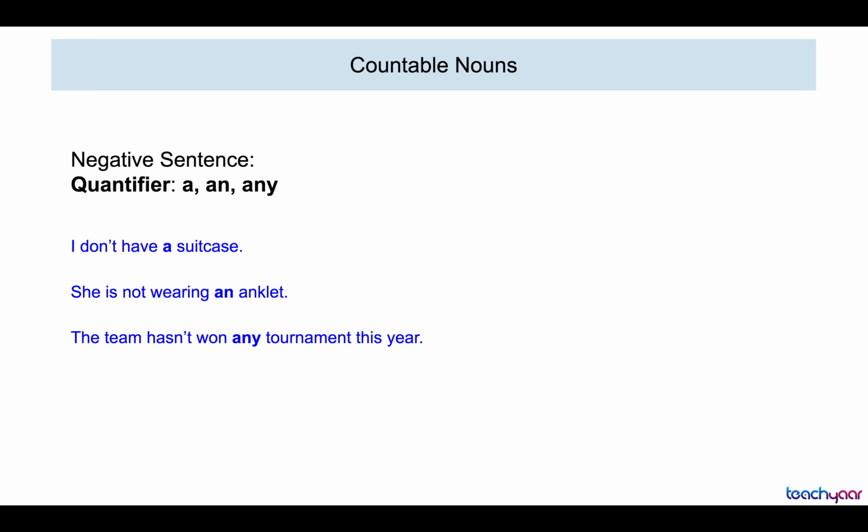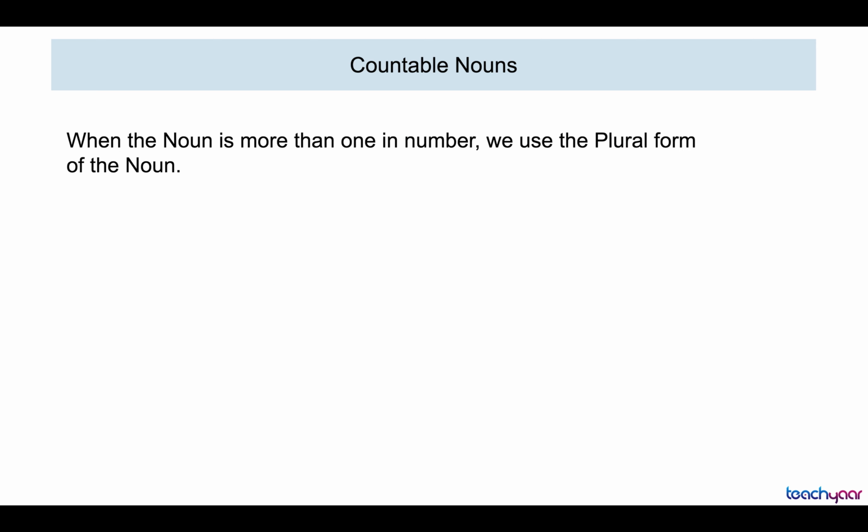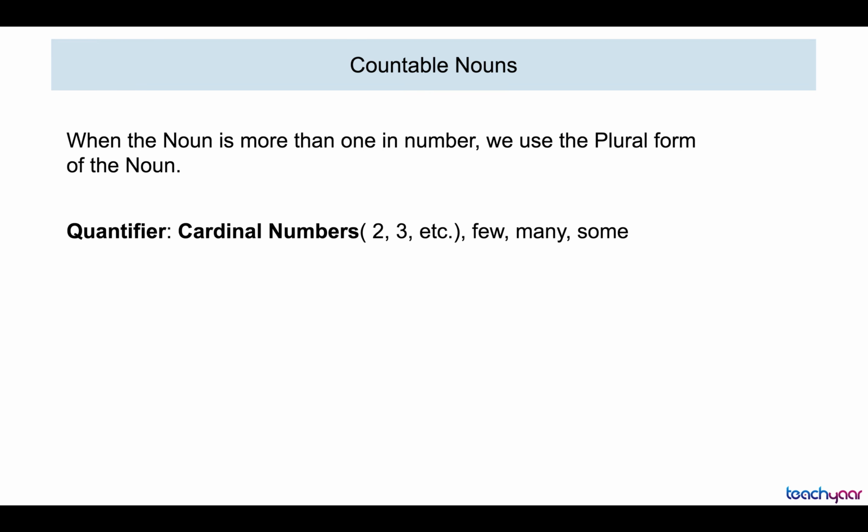Now what happens when the noun is plural, more than one in number? So in this case the quantifiers are cardinal numbers, that means 2, 3, 4, 5 and so on. Or you can say few, many or some.